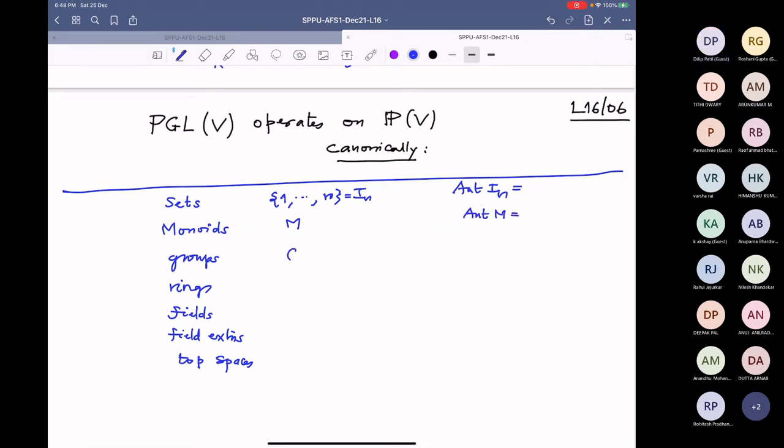Groups, G. Automorphism group of G. Rings, automorphism group of a ring R. So you write here rings so that you remember what structure you are taking. Here you are writing groups. Here you are writing monoids. Here you are writing sets. These are the categories you have. This is a category, this is also a category. So field extension K, then the automorphism group of the field K.